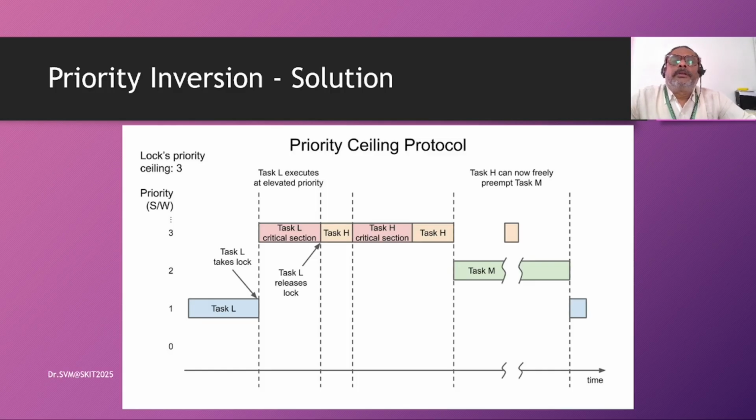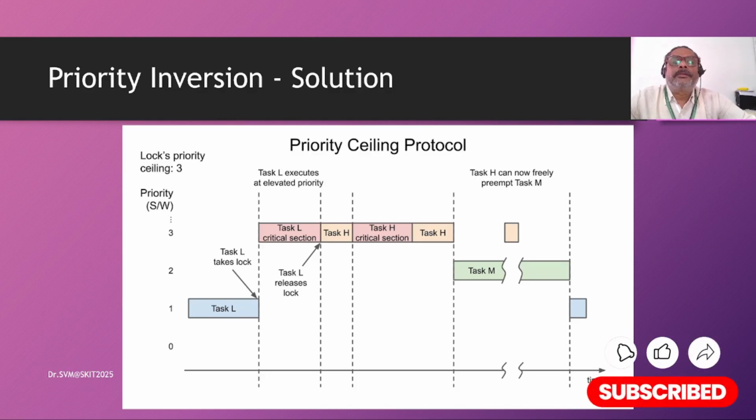So in order not to have such a thing, what we can do now is, the moment the low priority process enters into the critical section, we can elevate the priority of the process currently executing in the critical section to the highest priority level.